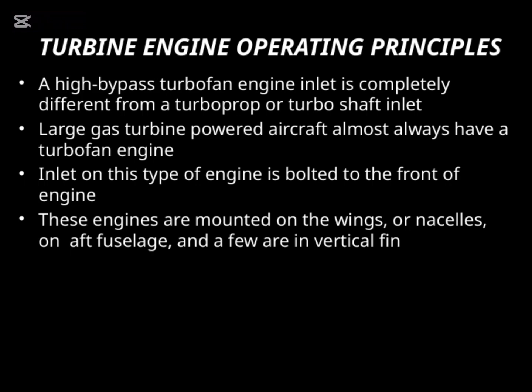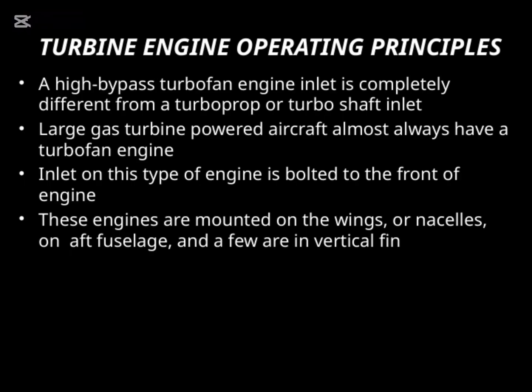Most large gas turbine-powered aircraft are equipped with turbofan engines. These engines, as you know, are mounted on the wings or sometimes on nacelles attached to the aft fuselage. A few are even mounted in the vertical fin, especially on some specialized aircraft. The inlet itself is bolted directly to the front of the engine, forming a smooth, aerodynamic path for incoming air.